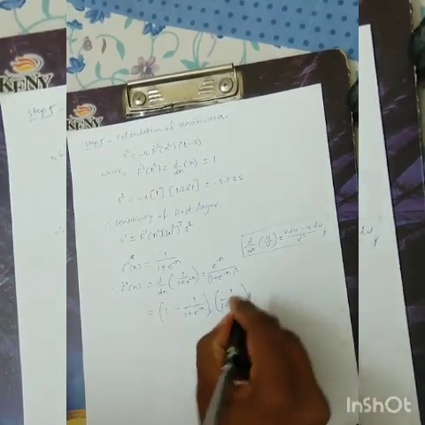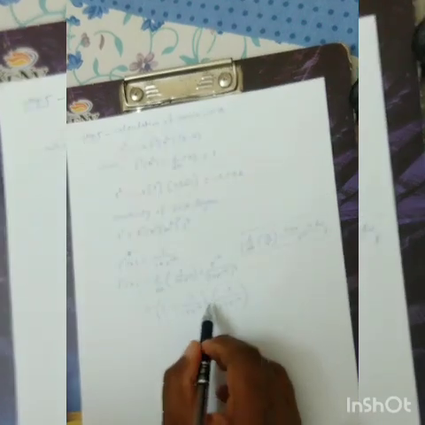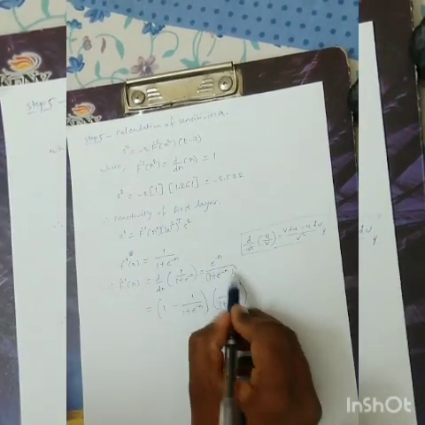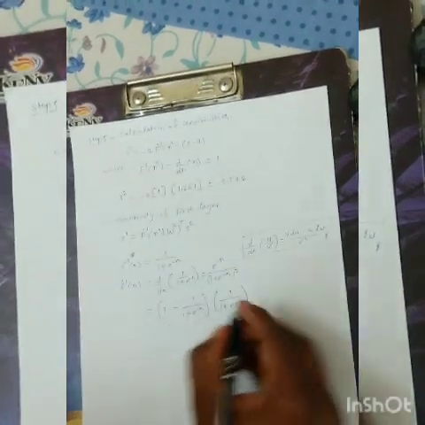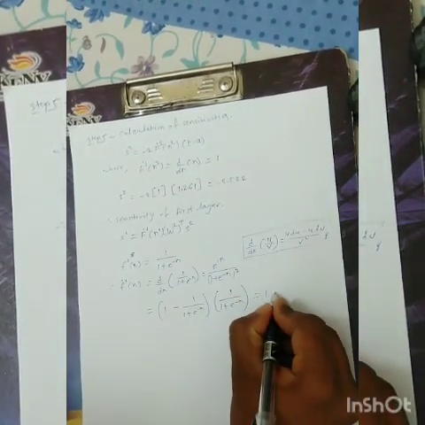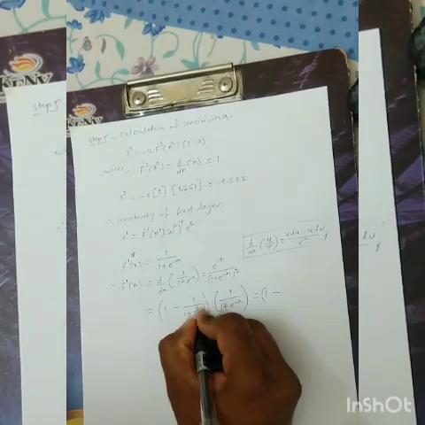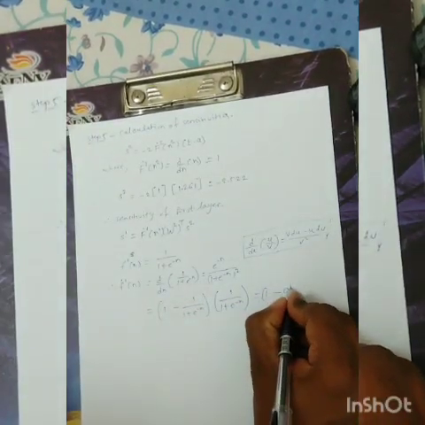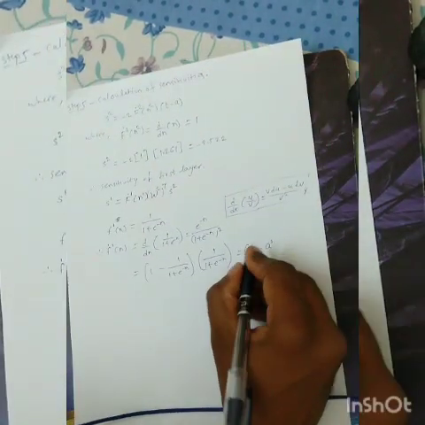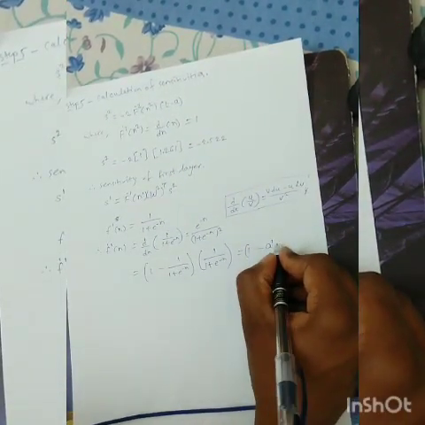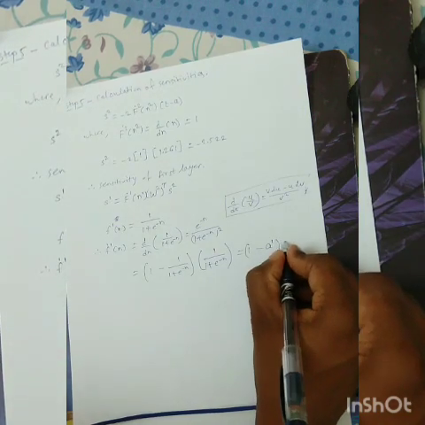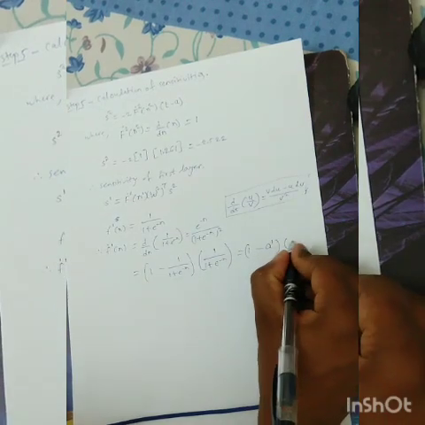You can multiply these terms and check if this term is equal to this. It is equal to 1 minus, again this term is nothing but A1, into, again this term is equal to A1.